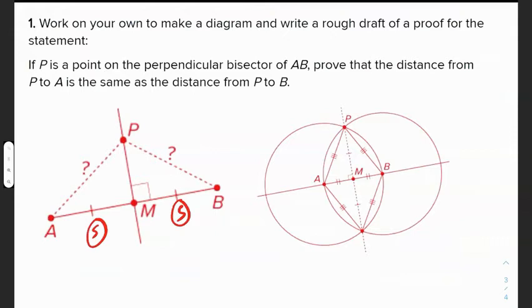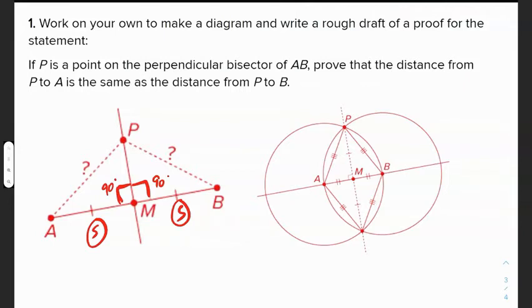And again, I'm just focusing on the left picture for right now. We do know this has got to be 90 degrees. And this angle here also has to be 90 degrees because of the definition of a line. A line is supposed to have 180 degrees. If you have 90 here, the missing piece is 90 over here. And that's also the definition of a perpendicular bisector. What do we know about PM?